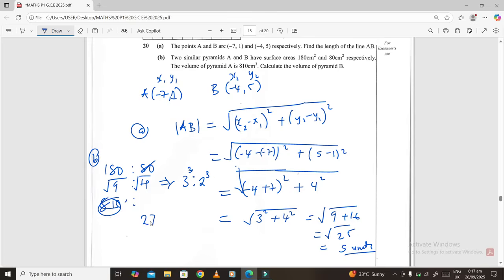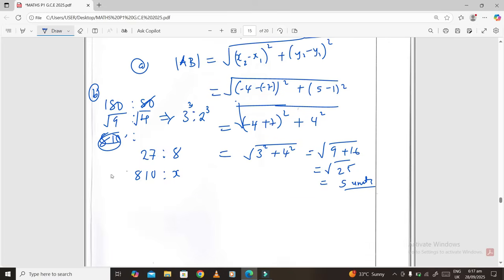This is 27 to 8. So here we write 810 to x. We now cross multiply. So it's giving us 27x is equal to, when we multiply 810 times 8, this of course is giving us 6480. 6480 divided by 27, this and this will go.